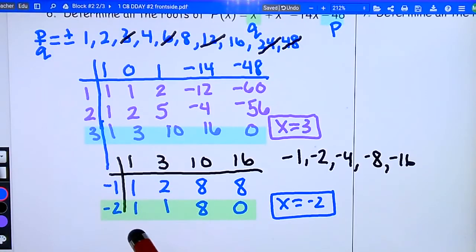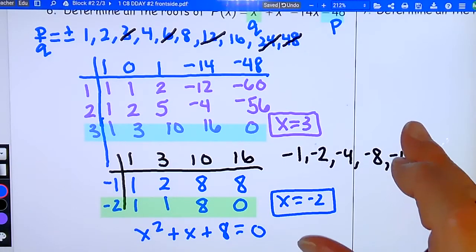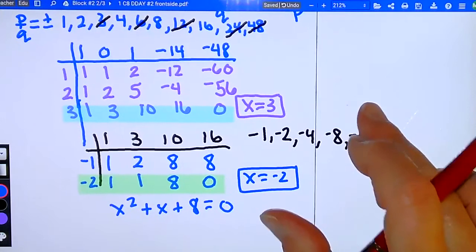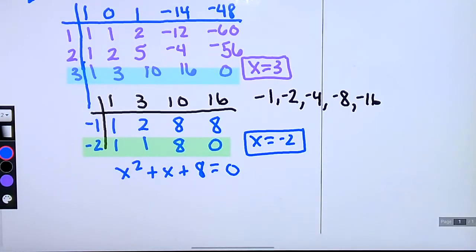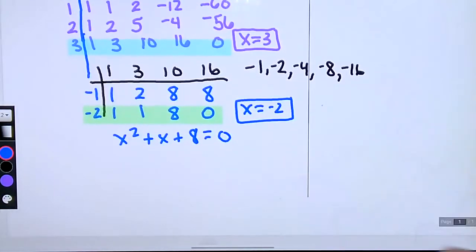So I am going to write out x squared plus x plus 8 equals 0. I cannot think of anything that multiplies to 8 and adds to 1. I personally don't want to complete the square with this, so I'm going to do quadratic formula. So I'm going to scooch this up a little, give myself some space.